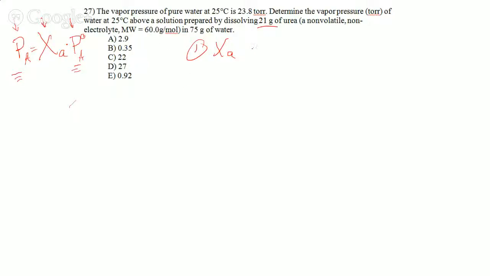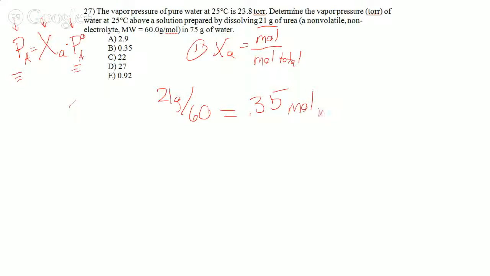So you got to go from grams to moles because the formula for the mole fraction is moles of whatever you're looking at over moles total, right? So first step, 21 grams divided by the GFM, which they give us, 60. 21 divided by 60 equals 0.35.